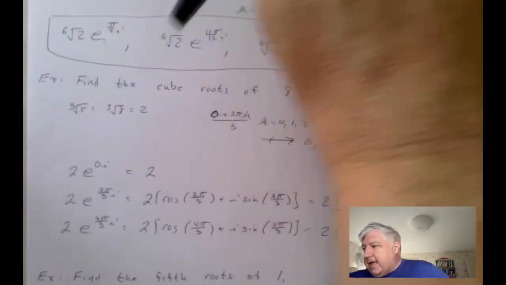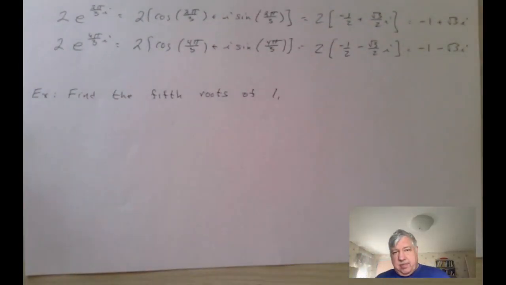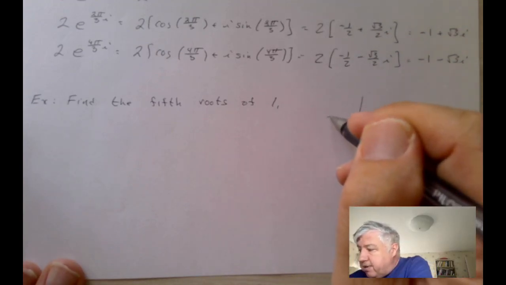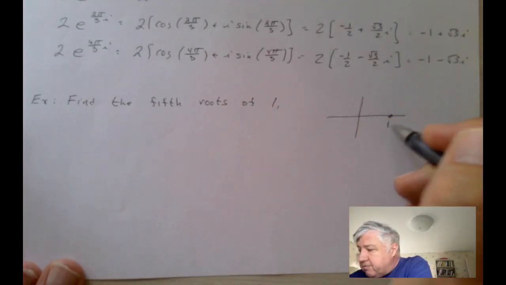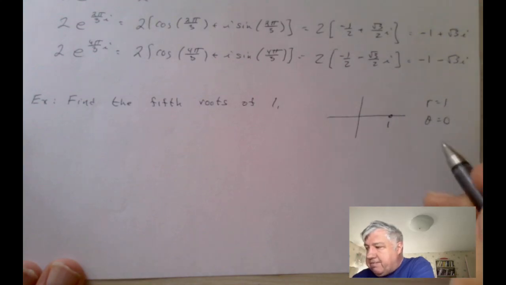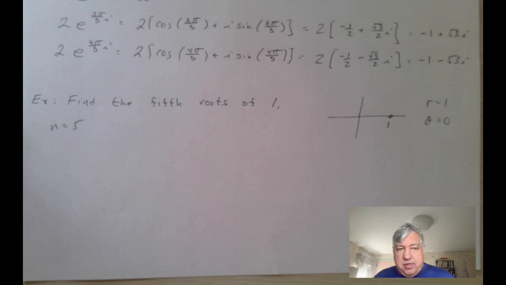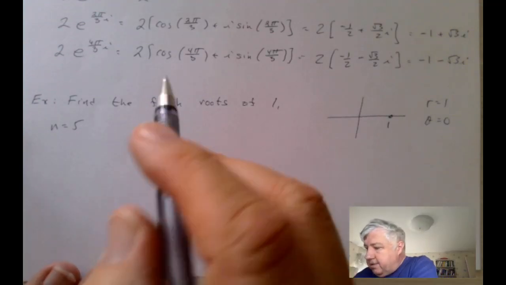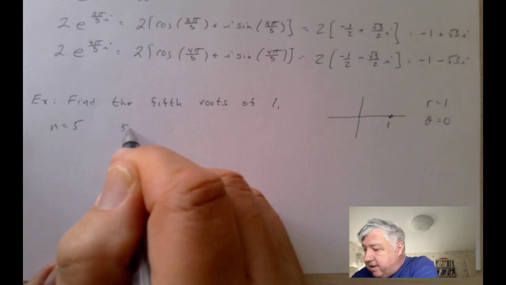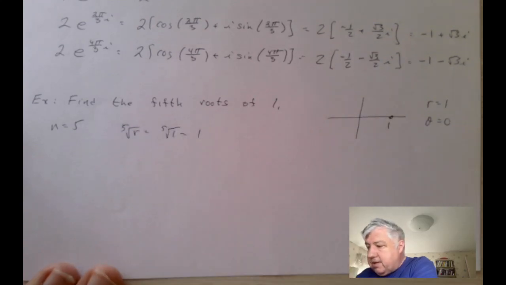Okay, the last example, the 5th roots of 1. This is going to be another easy one to start off with, because here's 1, so r is 1, theta is 0. That's the easy part. The interesting part comes because n is equal to 5. So we take the 5th root of r, the 5th root of 1, which of course is 1.